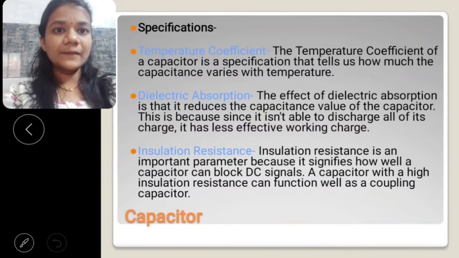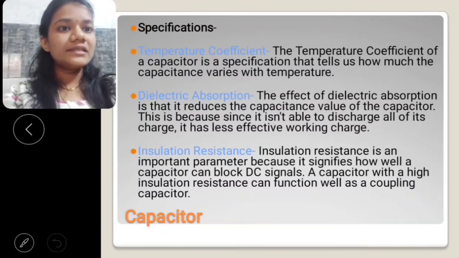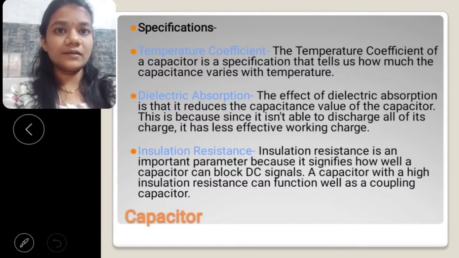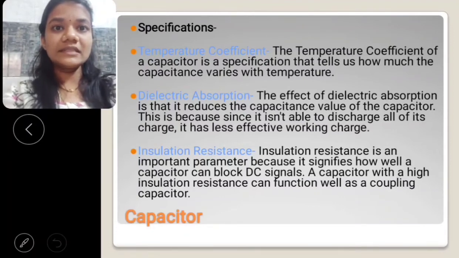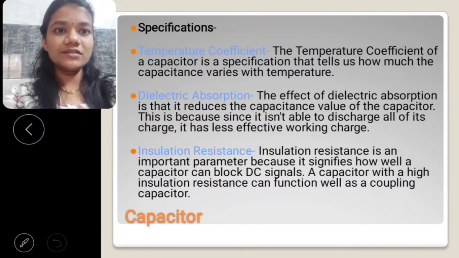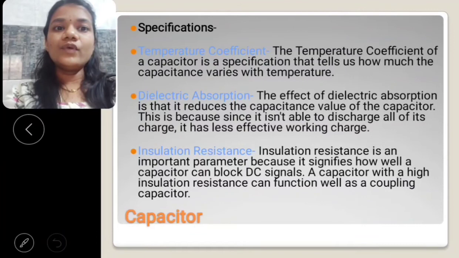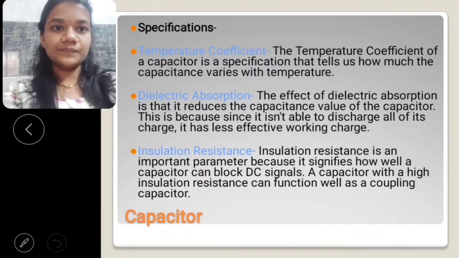Then the third one is insulation resistance. What is meant by insulation resistance? Insulation resistance is an important parameter because it signifies how well a capacitor can block DC signal. A capacitor with a high insulation resistance can function well as a coupling capacitor.